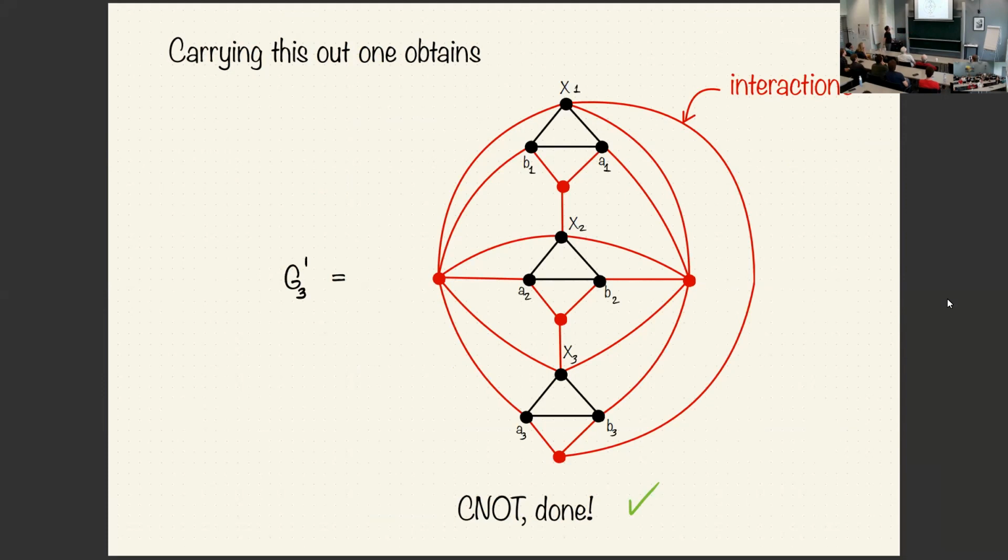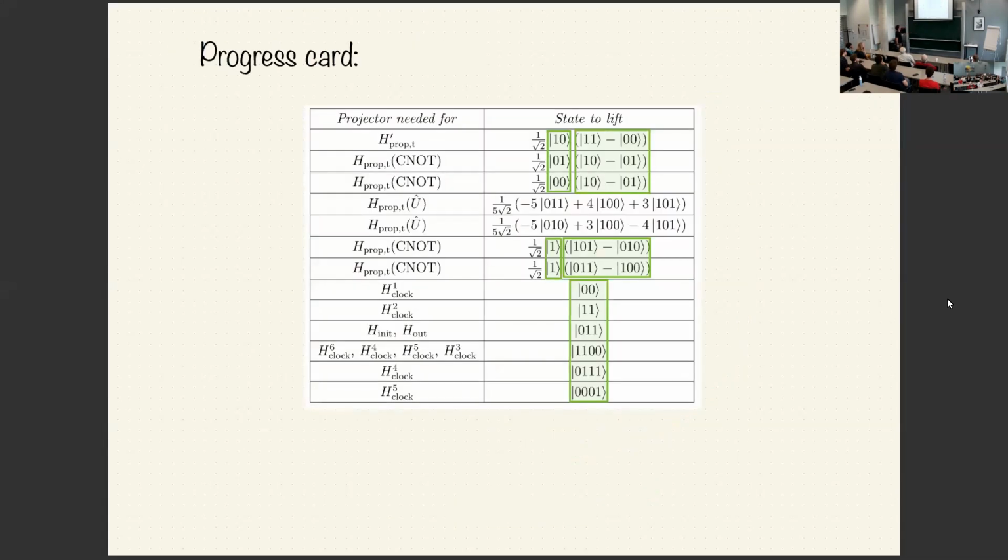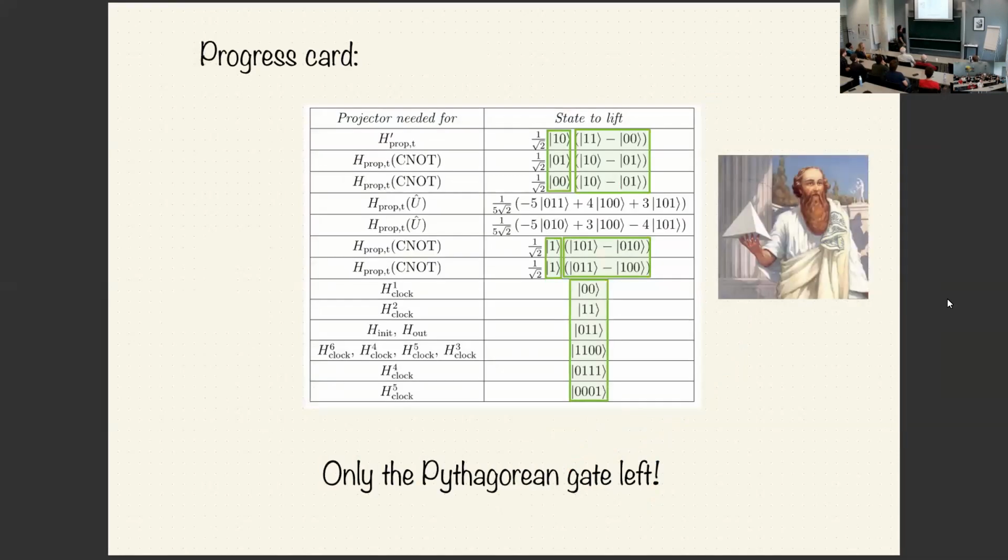Okay, so you start seeing a pattern. If you remember, the one for 2 qubits, G2 prime, was kind of the upper part of this thing, and now you have the lower part of this thing when you add 1 more qubit, and you're confident that, okay, good, I'm seeing the pattern, so it's going to work out. Okay, so we're just left with these 2 states, which are the Pythagorean states, the ones corresponding to the Pythagorean gate.